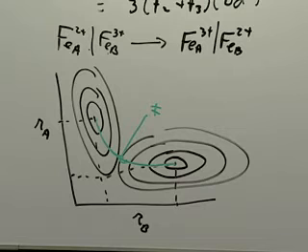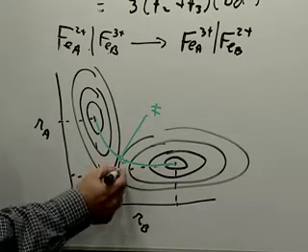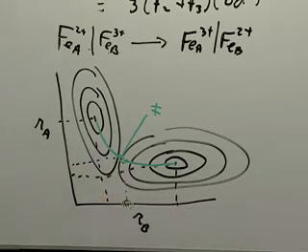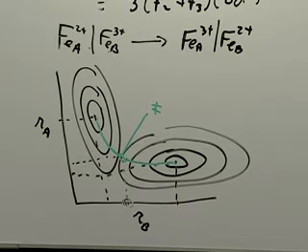Now, I can ask, what are the positions, what are the radii, what are the metal-ligand bond distances at the transition state? And I can attempt to answer that also.